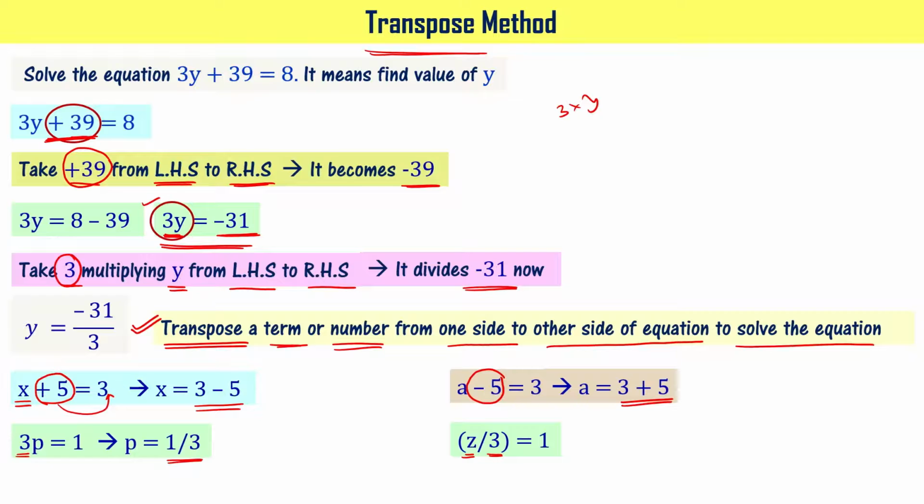If you take this 3 onto the other side, that is what is called transposing, right? When you transpose number 3 onto the right hand side, it is going to multiply number 1 on the other side. So it is going to be z equal to 1 times 3. You understood now what it means by transpose method? You may recall that certain steps of inverse method are exactly the same as certain steps of transpose method, right?